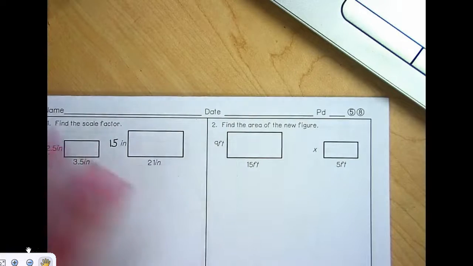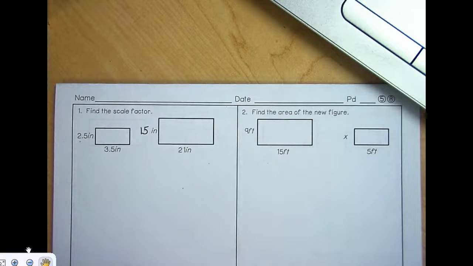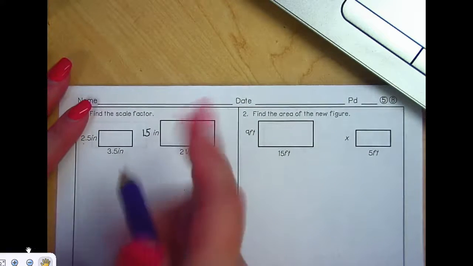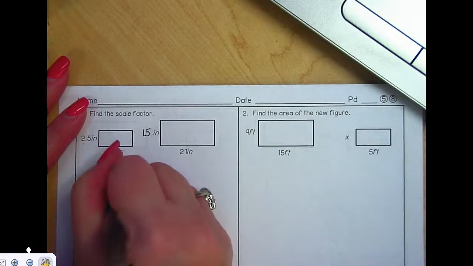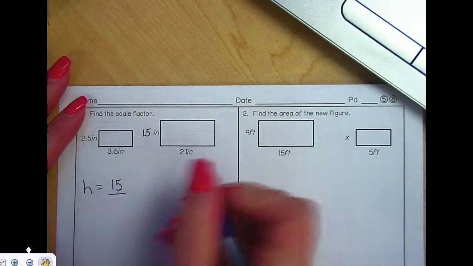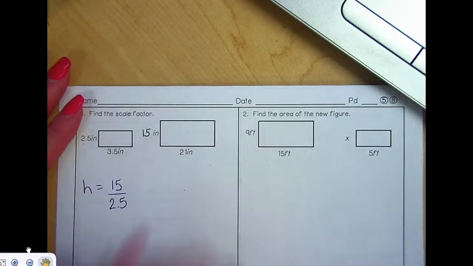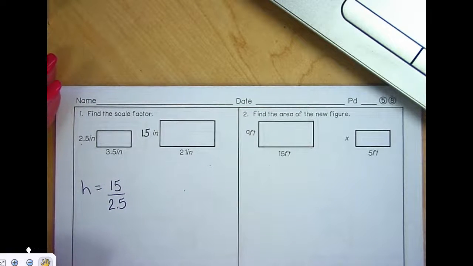So if they've already done the multiplying for us on this one, what's the inverse operation? Division. We can divide, right? So for the height, we can say 15 divided by 2.5. What is 15 divided by 2.5?